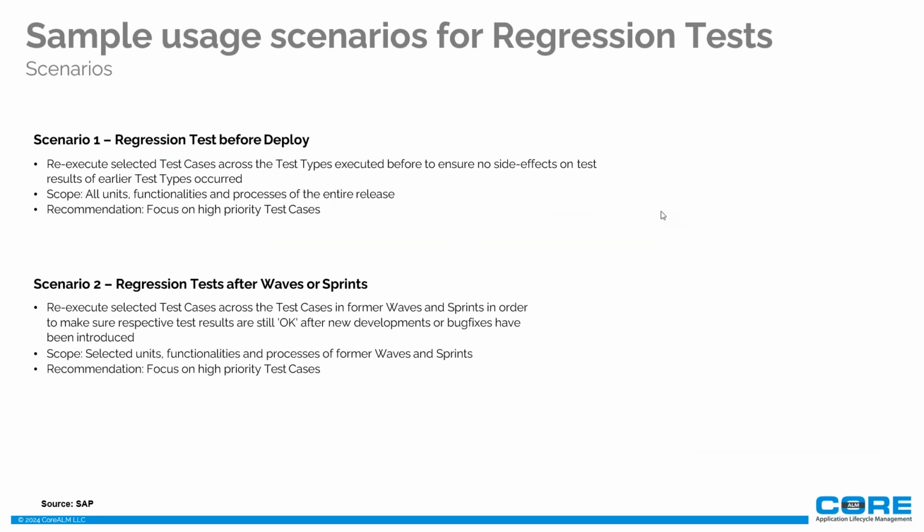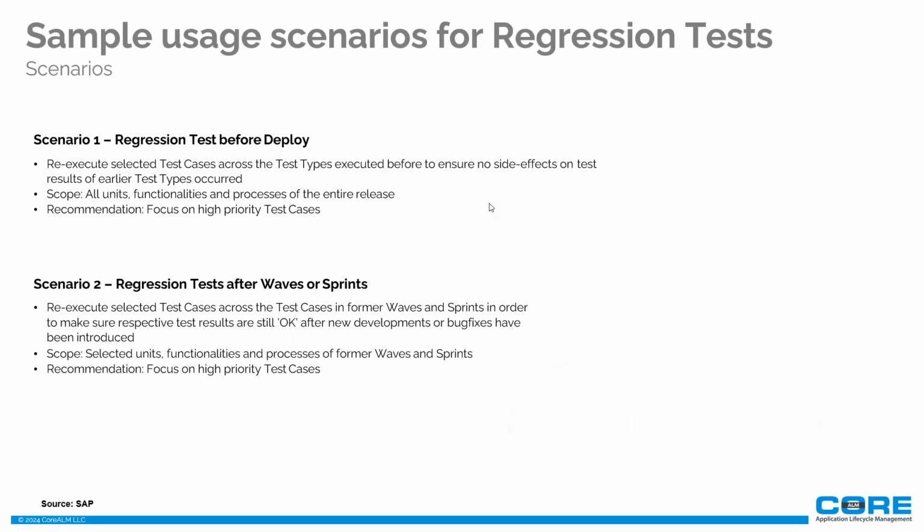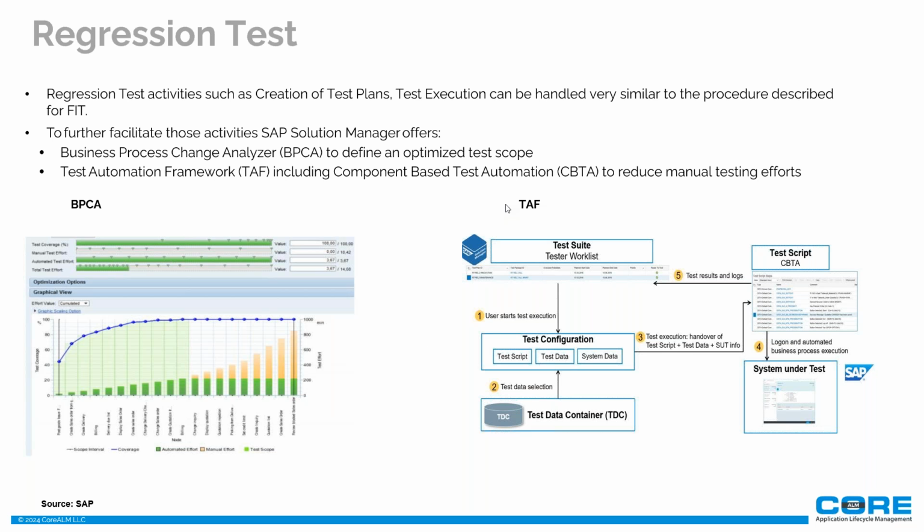For regression testing, we have multiple layers, but basically we run regression testing after we do the wave deployment. We do the wave deployment, and then we introduce a new wave, a new release.